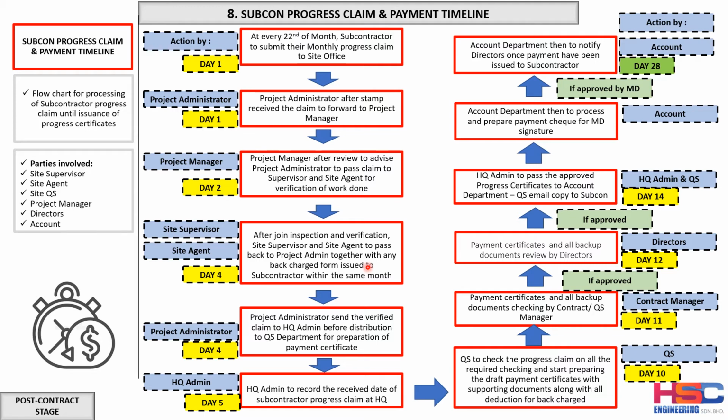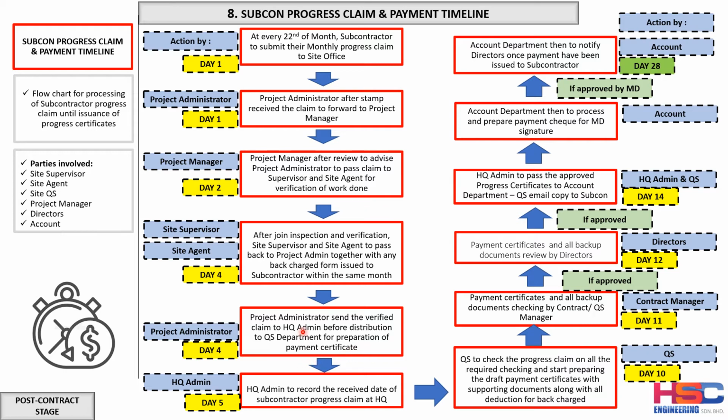And the site supervisor also needs to inform whether there is any back charge form or back charge note issued to the subcontractor within the same progress claim month. Okay, this happens within day 3 and day 4. So within 2 days after the progress claim is passed to the site agent and the site supervisor, they have to complete the joint inspection.